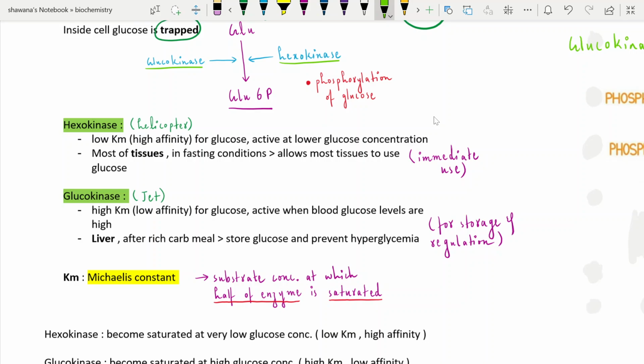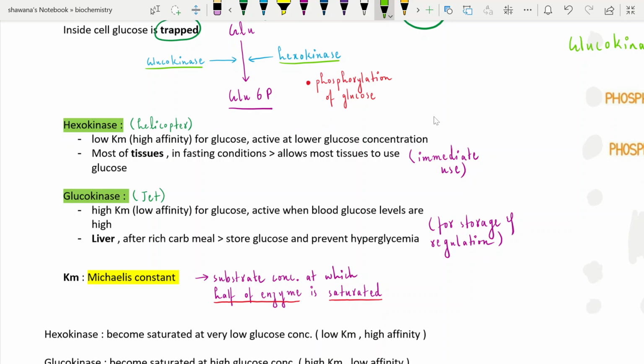It means that glucokinase has to perform the functions of storing, right? Liver has to store excess glucose and release it when glucose is required. So glucokinase is like a jet, and hexokinase, which is present in most of the tissues, is like a helicopter.